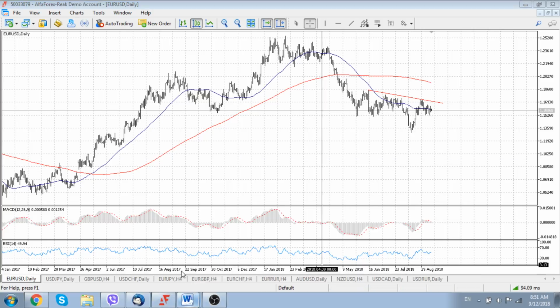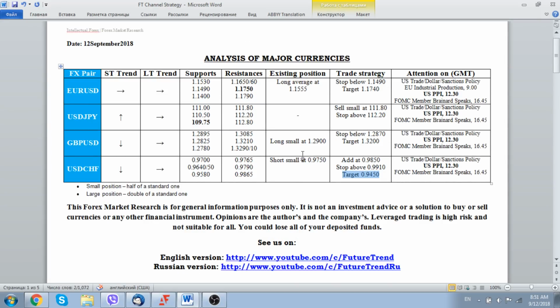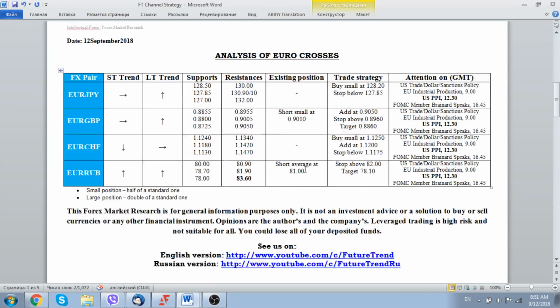As regarding some other positions, let's get back to our list of analysis of major currencies. As you could see, we still keep our long trade recommendation in the cable, and also we still keep our short trade recommendation in the euro sterling.